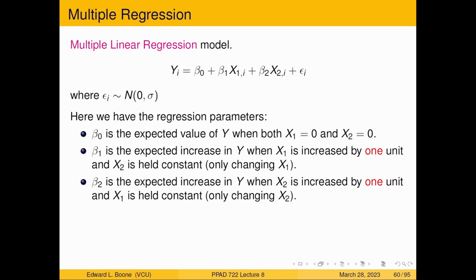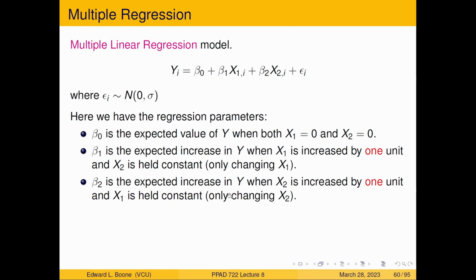So we can actually interpret these. Because our multiple linear regression only has two regressors, x1 and x2, we can say beta 0 is the expected value of y when both x1 and x2 are 0. Beta 1 is the expected increase in y when x1 is increased by 1 unit and x2 is held constant, meaning we're only changing x1.